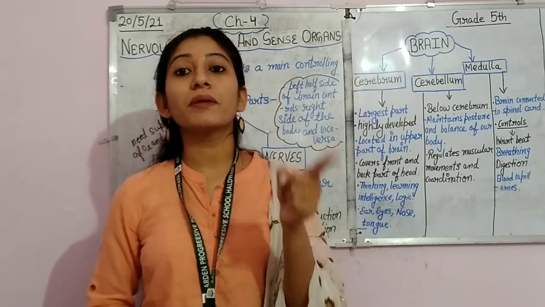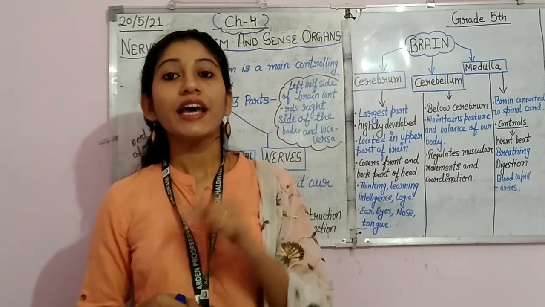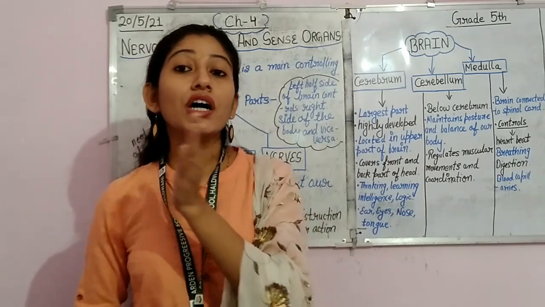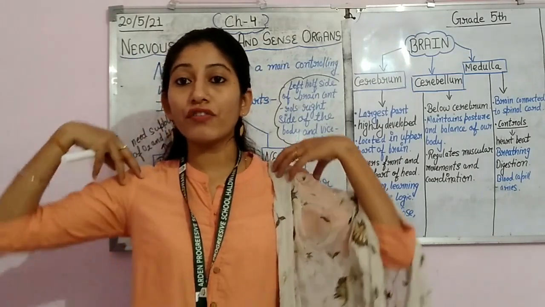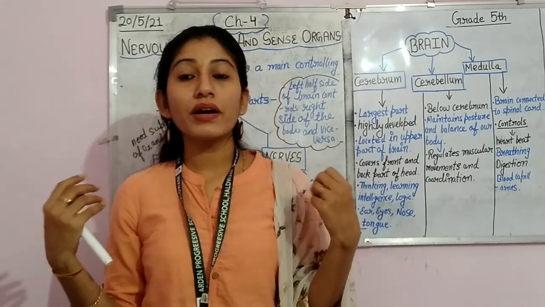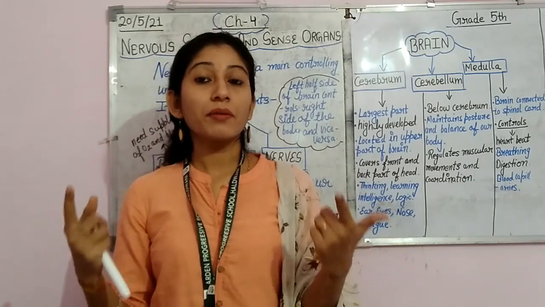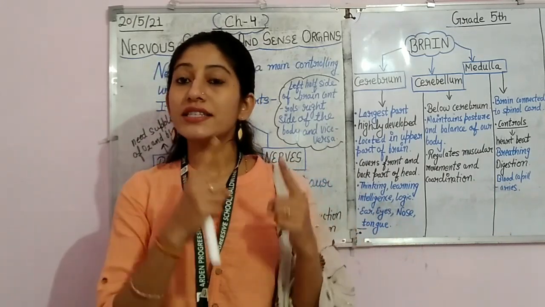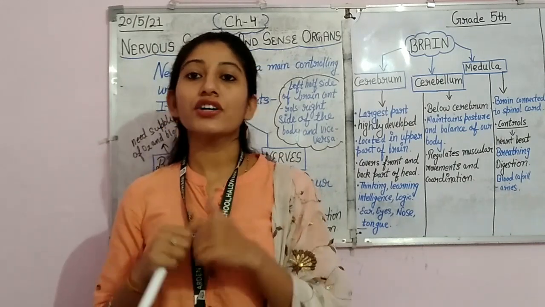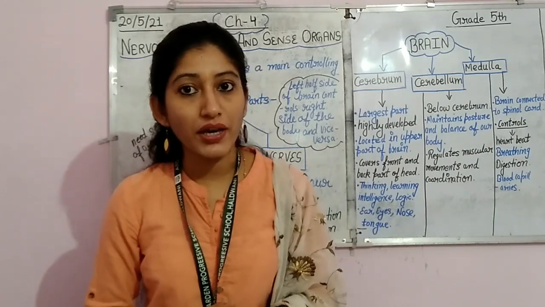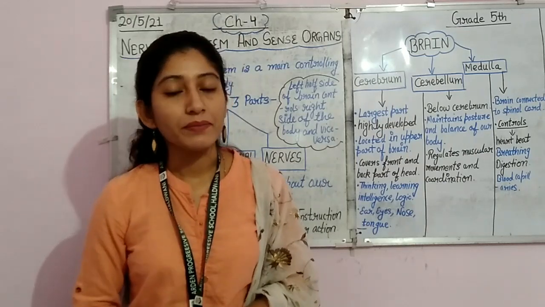So the actions made by the voluntary muscles are called voluntary actions, done by our wish. So we can say that the cerebellum controls our voluntary actions and the medulla controls our involuntary actions. Okay, and the sense organs are mostly controlled by the cerebrum.